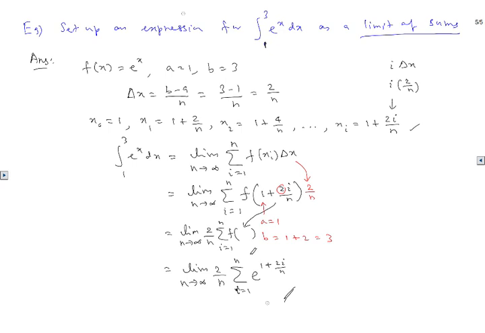Okay, so I'm going to show you some other simplifications if you want. You can see that e is a constant, so you can pull it out. So you can write this as the limit as n goes to infinity of 2e over n, and then the sigma i going from 1 to n.